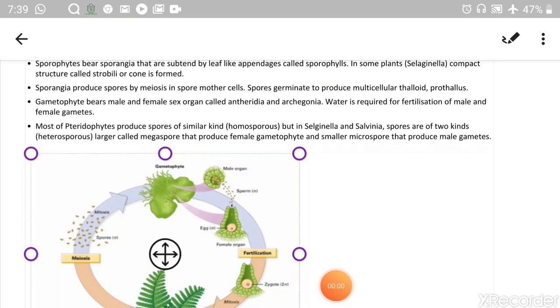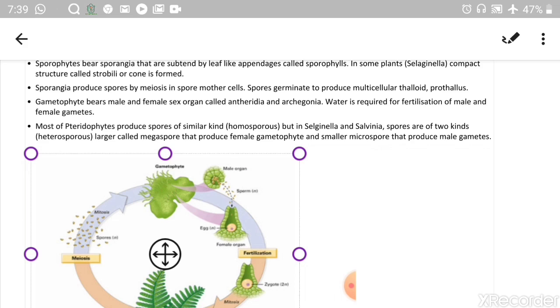In majority of the pteridophytes, all the spores are of similar kind, and such plants are called homosporous. But in some plants, there are two kinds of spores, the larger macrospores and the smaller microspores, and the condition is called heterosporous. This kind of condition occurs in Selaginella and Salvinia.